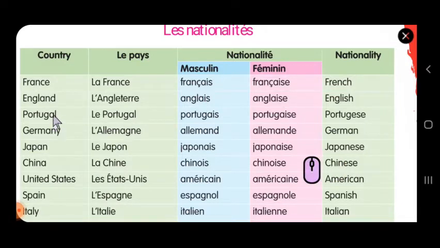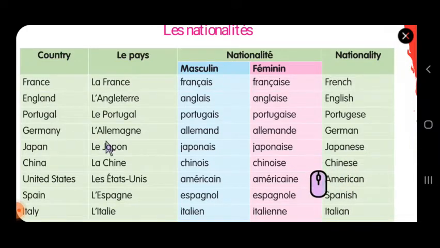Next is Portugal, le Portugal, Portugais, Portugaise. If you repeat along with me, it is very easy. What I read here is a male citizen and what I read here is a female citizen. Next is Germany.